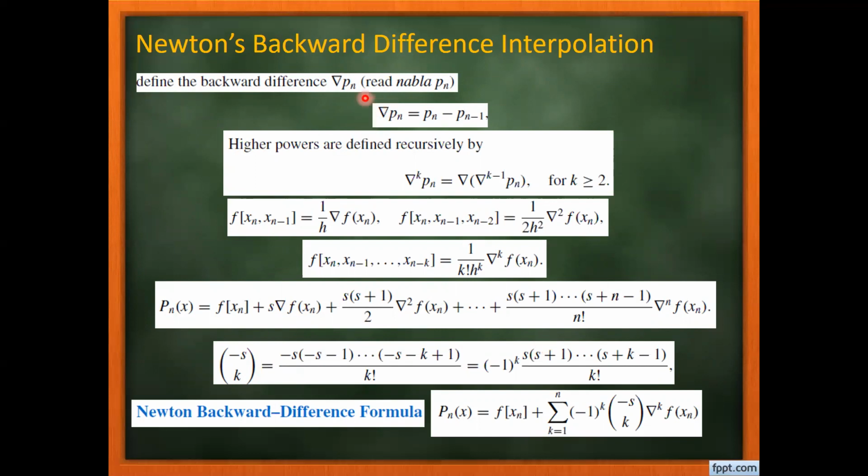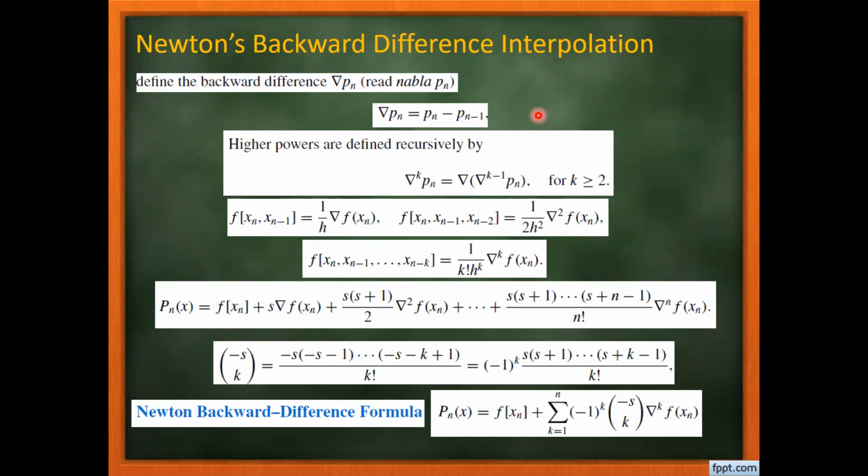So here, backward difference is represented by nabla Pn. Nabla Pn is the backward difference at the nth node. So in this case, it is Pn minus Pn minus 1. Trust me, the backward difference is just equal to the forward difference at the n minus 1th node.